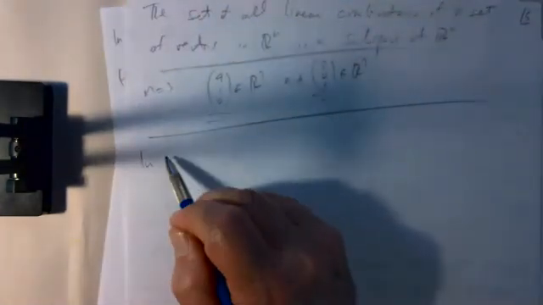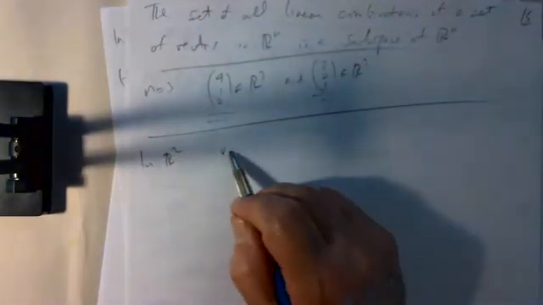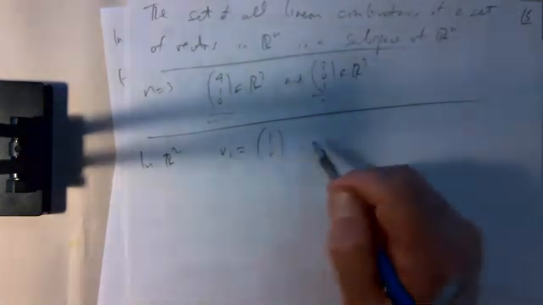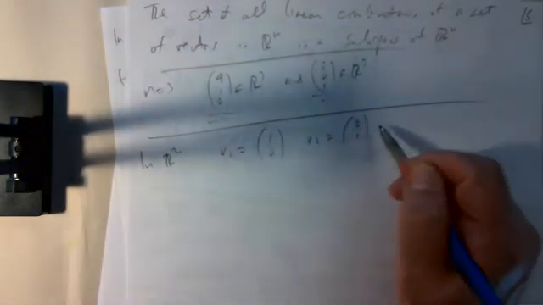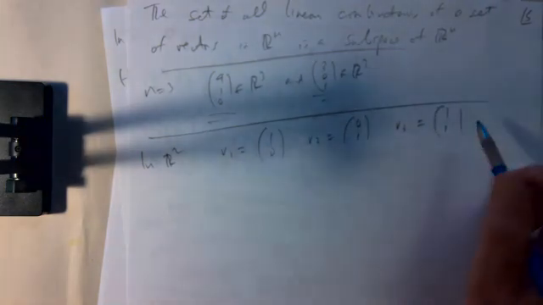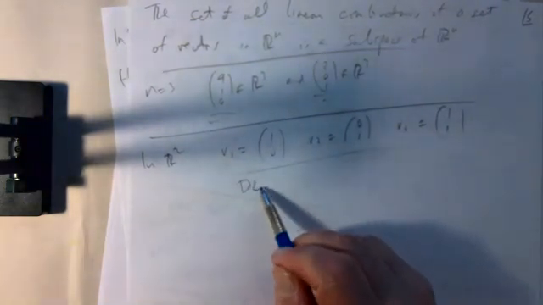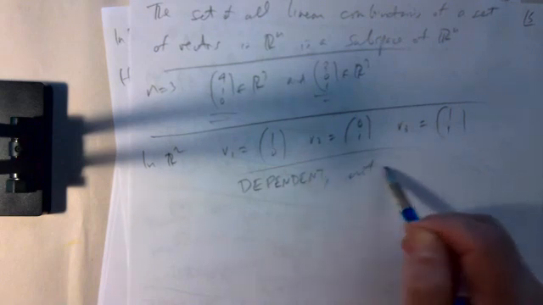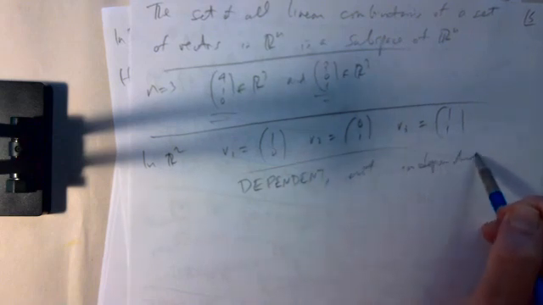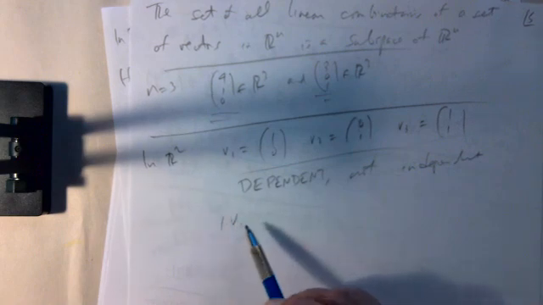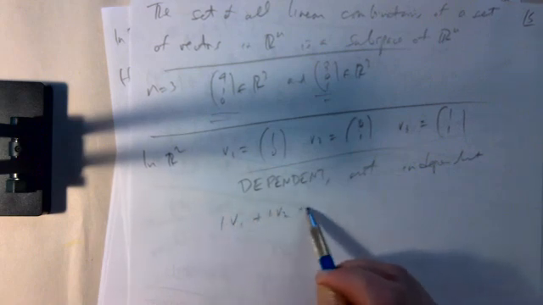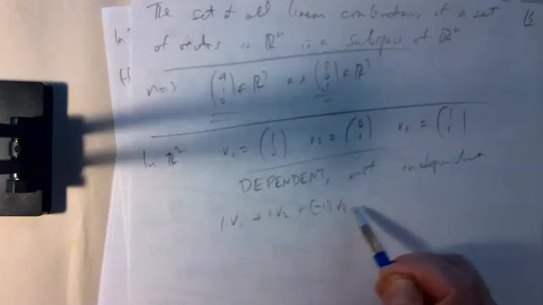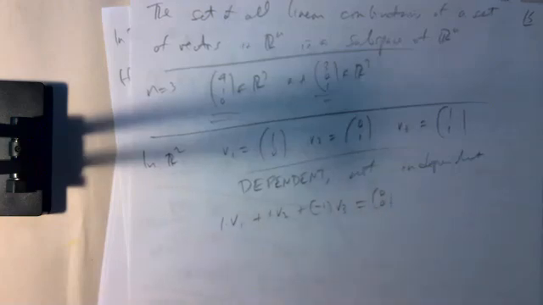Here, let me give another example. Suppose I'm in R2. I take the vector v1 to be 1, 0, v2 to be 0, 1, and v3 to be 1, 1. These vectors are dependent, not independent, because if I take 1 times v1 plus 1 times v2 plus minus 1 times v3, I get the 0 vector.